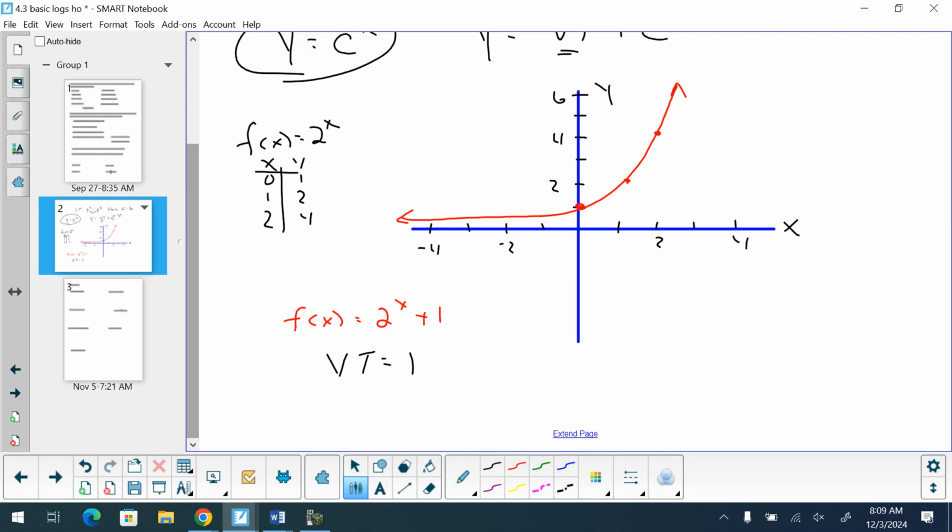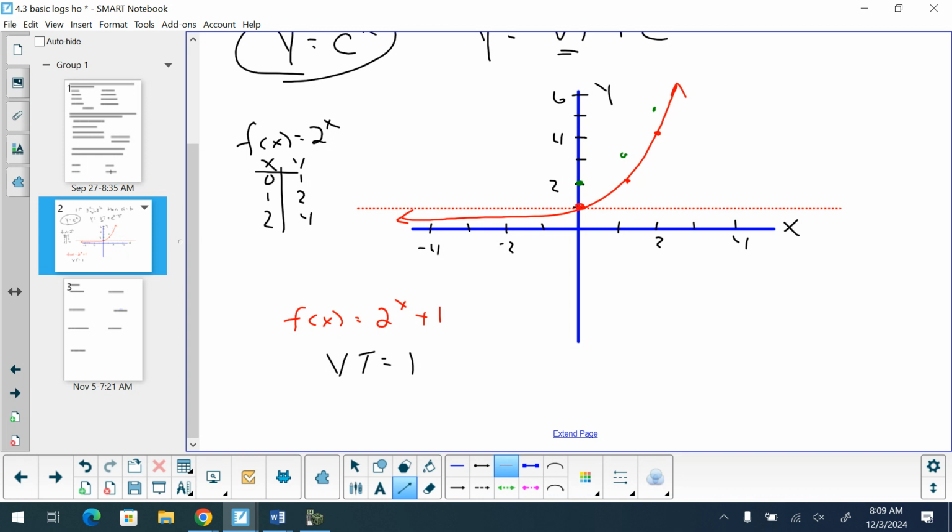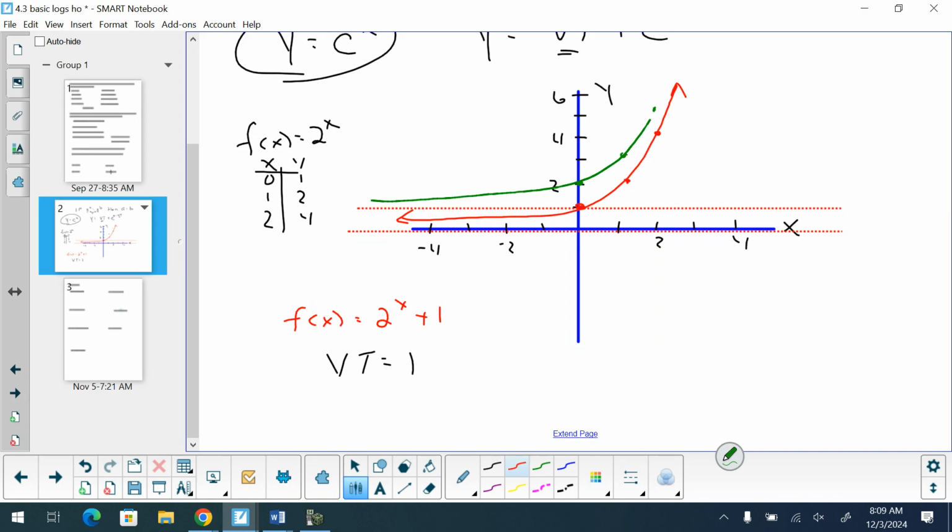Each one of my points here will go up 1 position. My horizontal asymptote will shift now to y equals 1, because we were at a horizontal asymptote at 0. So now our horizontal asymptote will go to y equals 1. So here would be our graph.